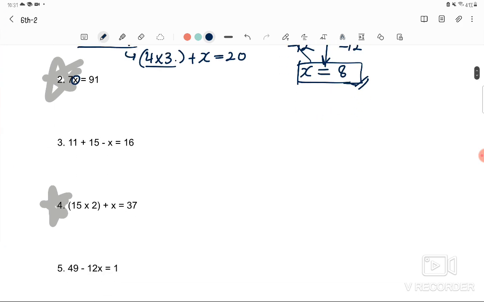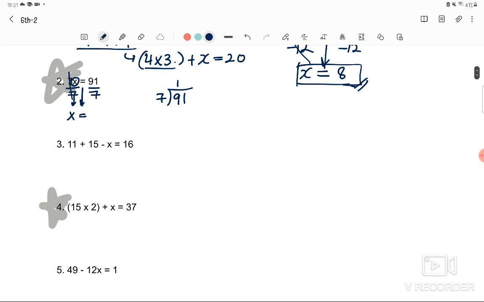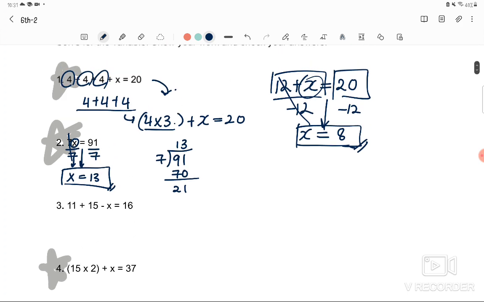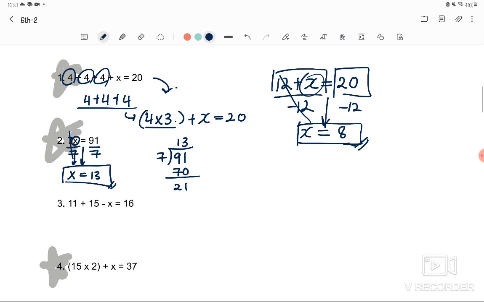So let's divide by 7 on both sides to cancel out the 7, and x is left by itself by the equal sign, and 91 divided by 7 is 13. So x equals 13. This is just simple division. If you know how to divide or multiply or add and subtract, it should be pretty easy to find the value of x.